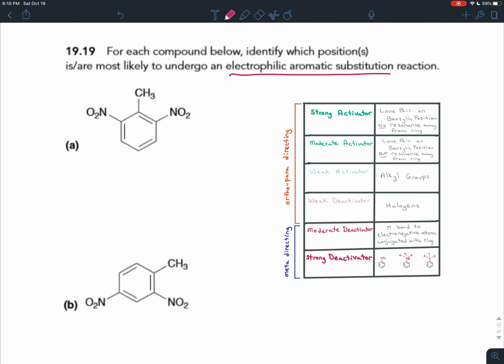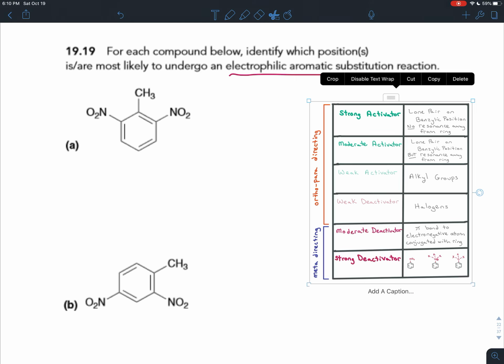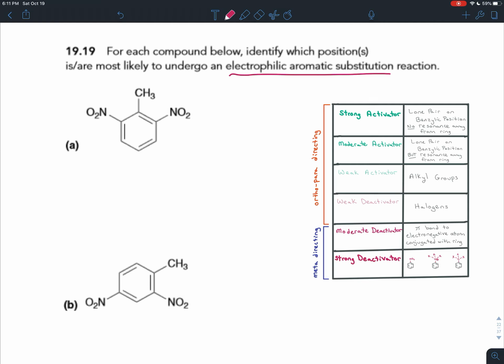So the first step here, and also we'll do this just for practice, is to identify whether each of these branches is an activator or deactivator, strong, moderate, or weak, and then also whether each one is ortho-para-directing or meta-directing. And once we have each of those identified, I'll talk about how you can use that information to think about where your new branch that you're trying to add to this benzene ring will attach, whether on this carbon, or this carbon.